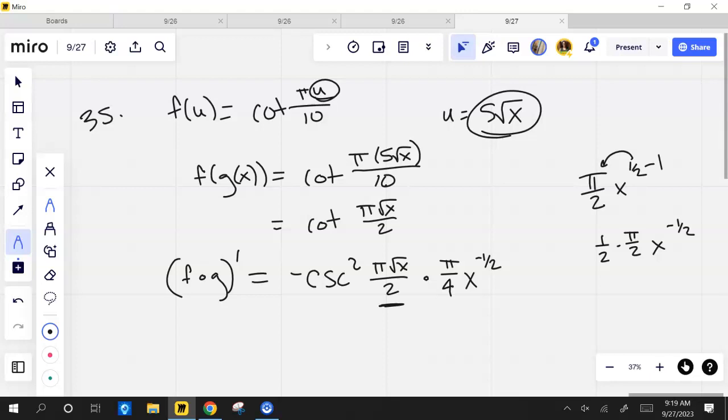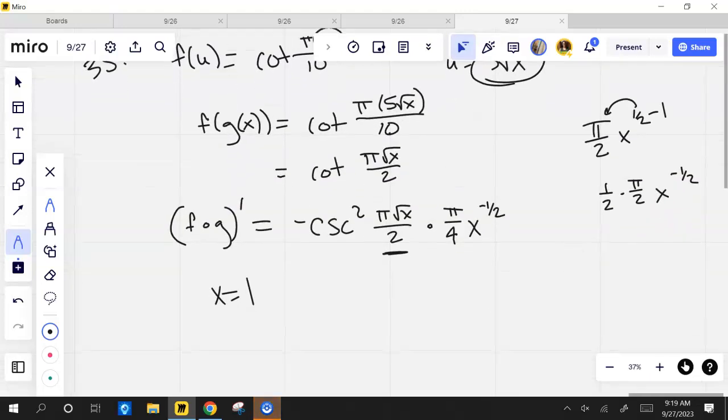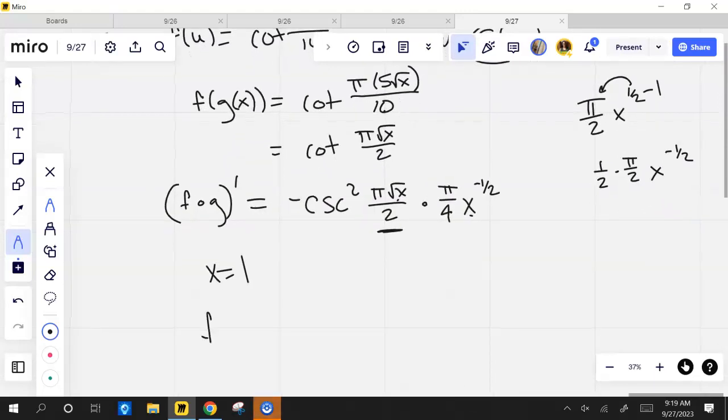Now, that's not the answer because they asked me to evaluate it when x equals 1. Now remember before, whenever I got to this point, I didn't have an x in my equation, so there wasn't anything to plug in, but now I do. So now I got to go in and put a 1 in for all these x's. You could write it like that, but you don't have to.